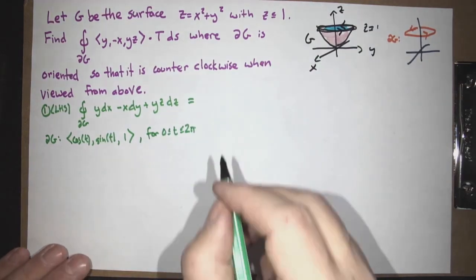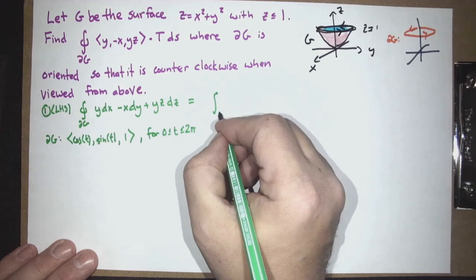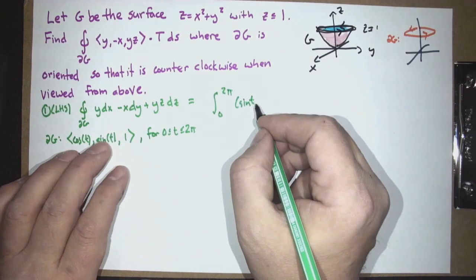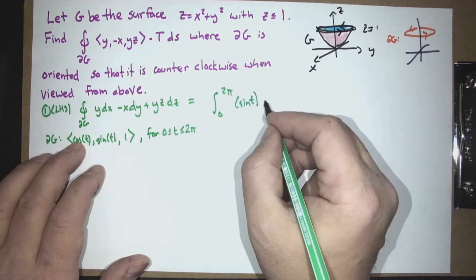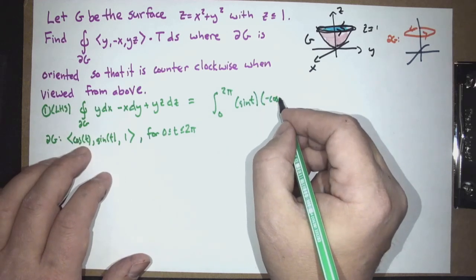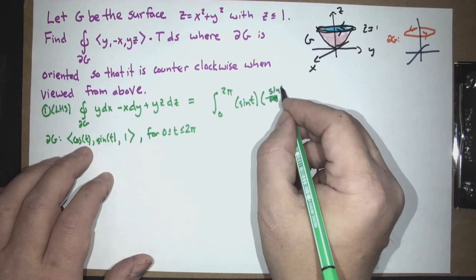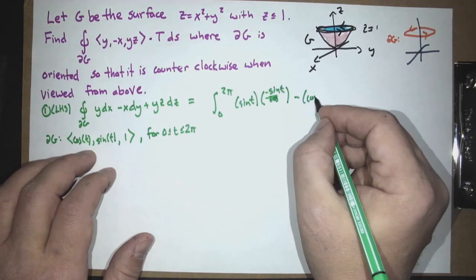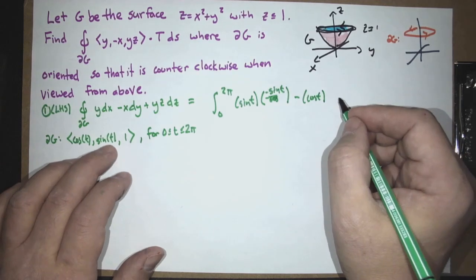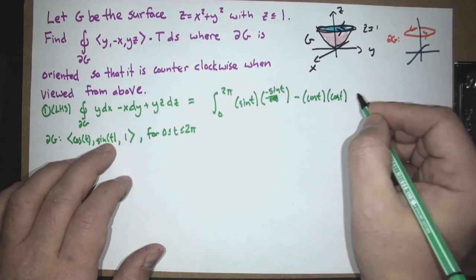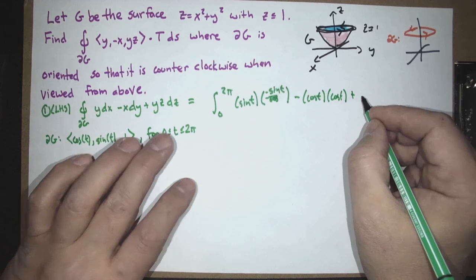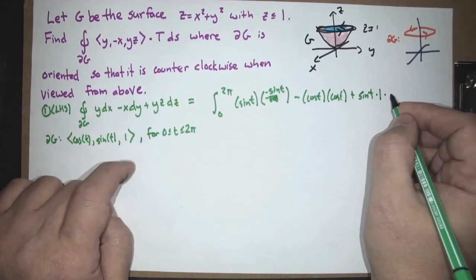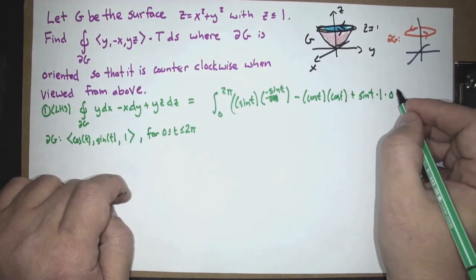Okay, so we rewrite this as an integral just in t, 0 to 2 pi. Be patient as we carefully work this through. Sine t times the derivative of cosine t, which is negative sine t, minus cosine t times the derivative of sine t, which is cosine t, and then plus sine t times 1 times 0, dt.